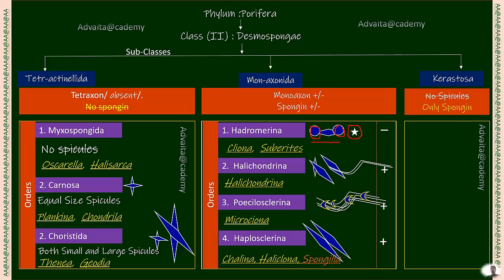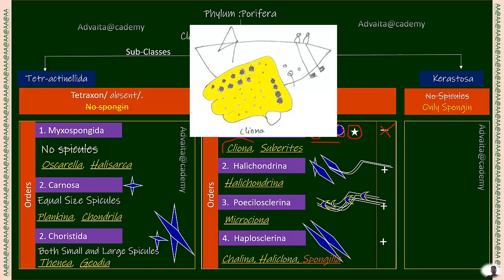But remember, there is no spongine fiber. And here there is a very good example that is often asked in the examination, that is Cleona. This is very important. Why is it important? Because Cleona is also known as boring sponge.